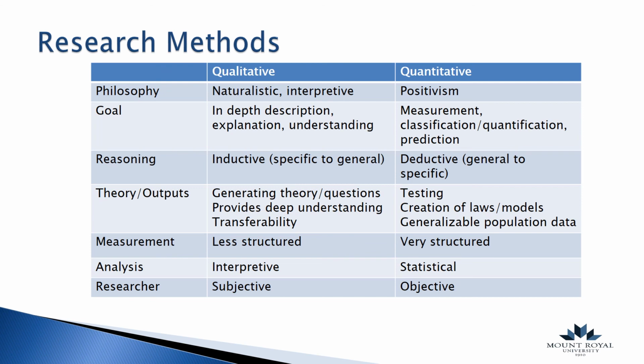In qualitative research, the researcher is much more embedded, may have more of a subjective view, whereas with quant, they're often outside looking in and would have a more objective view.